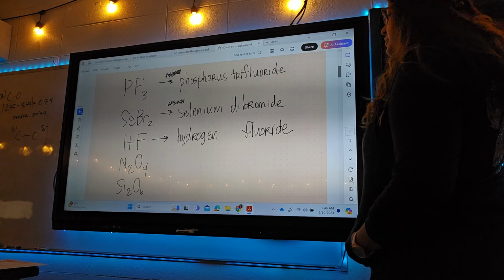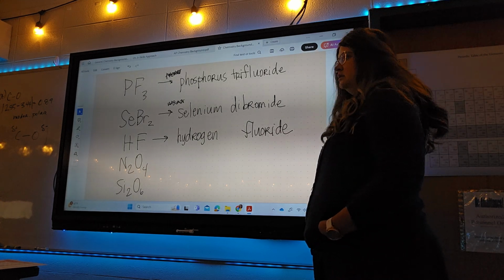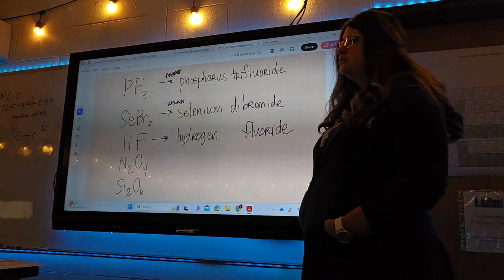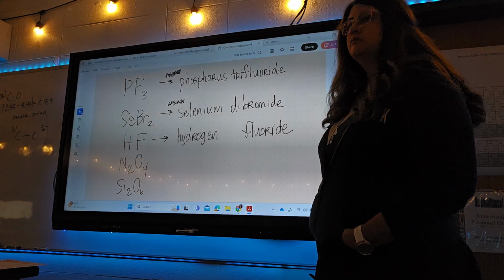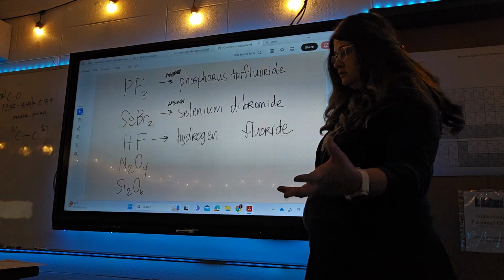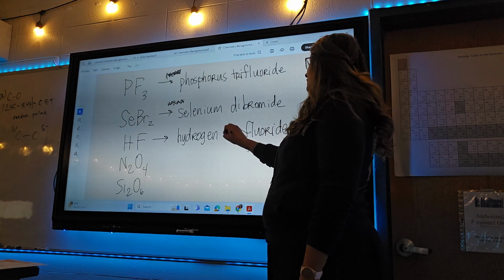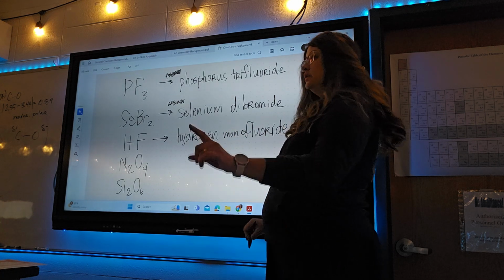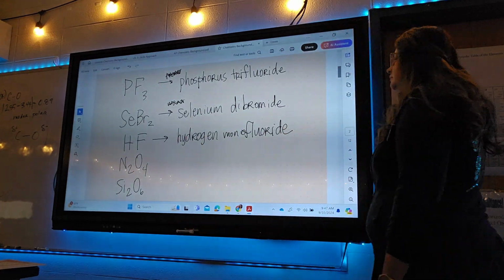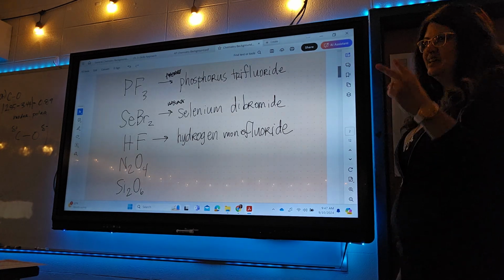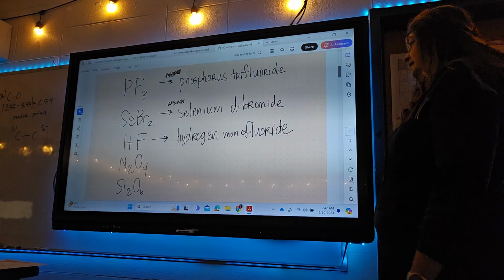Now I need to figure out my prefixes. H should have a prefix of mono, but nothing. And what's the prefix for fluorine? It also is mono, but that one we do write. Wait, why do we write that? Because it's on the second element. Yep.